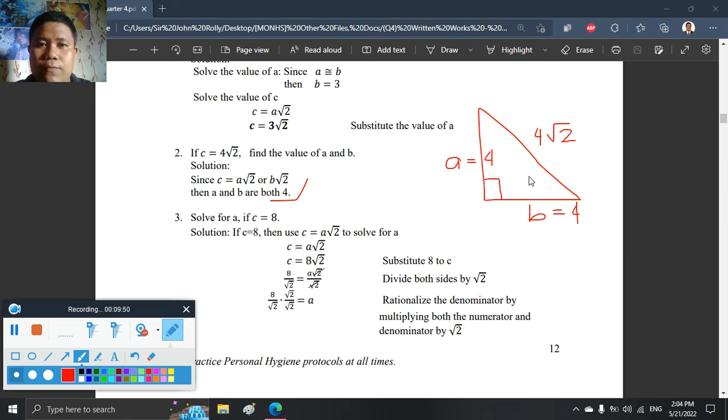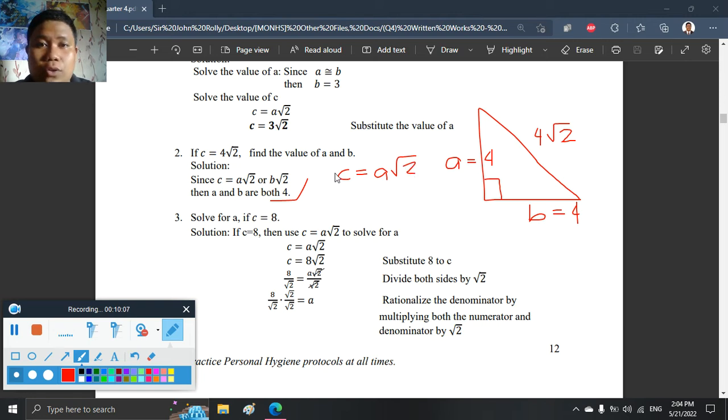Kung gusto nimo og formula, gusto nimo og solution, pwede na pod, no? Since C is equals A the square root of 2, so let's use A the square root of 2. Di lang ko magamit og B. Parehas naman gyapon. Okay?